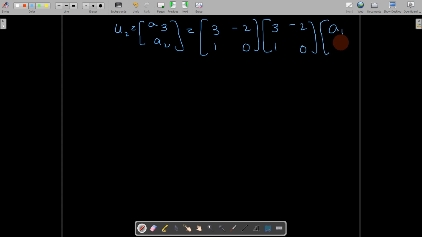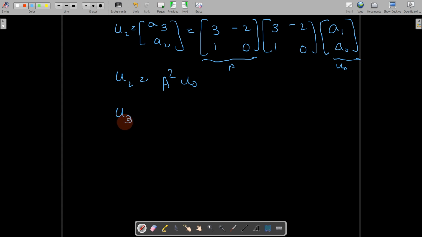U0 was A1, A0, and we already know the value of A1, A0, the base case condition. So that means U2 can be written as A times A, where this matrix is your A. Then this would be A square times U0, and this is your U0.